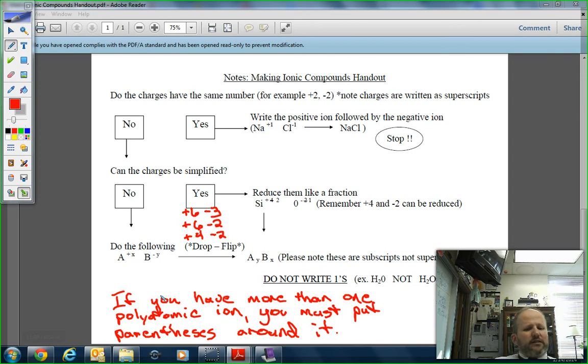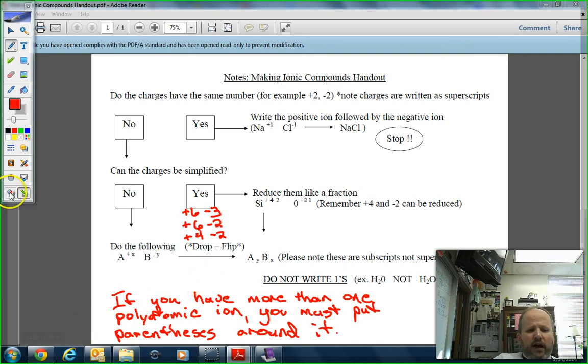It becomes clear a lot of times when you try to do this, and if you don't put parentheses, you end up with a number like 42 when you meant to say SO4 and you need 2 of them. So please put parentheses around them if you have more than one polyatomic ion.